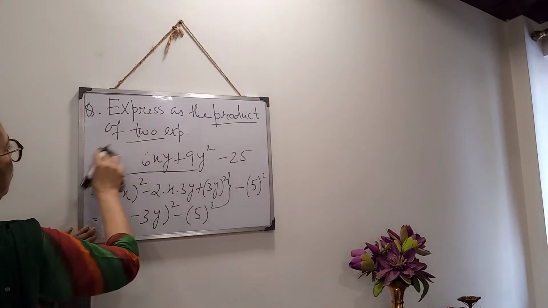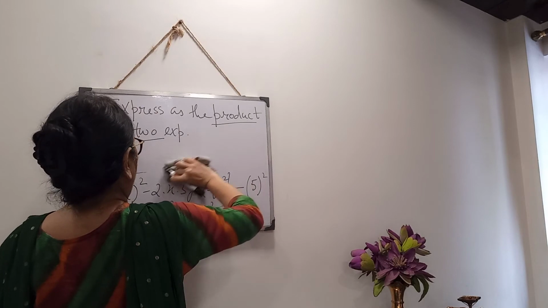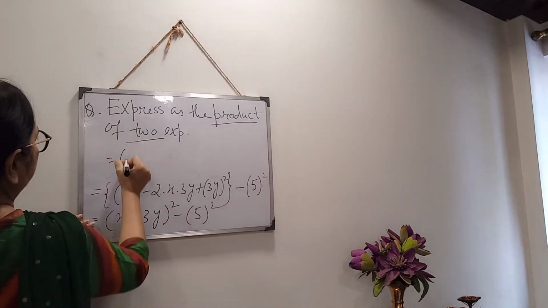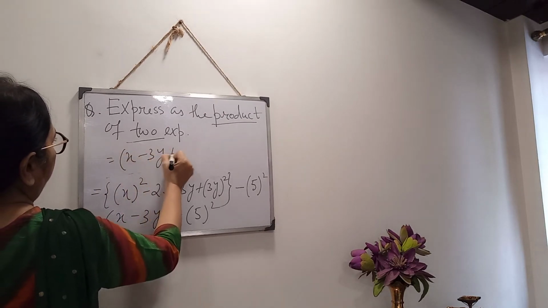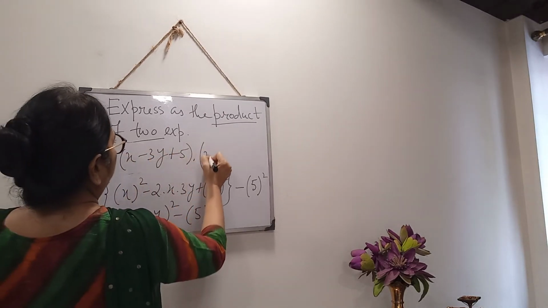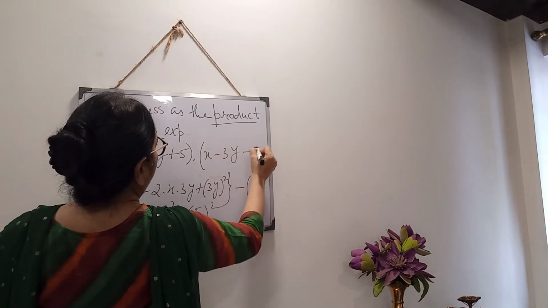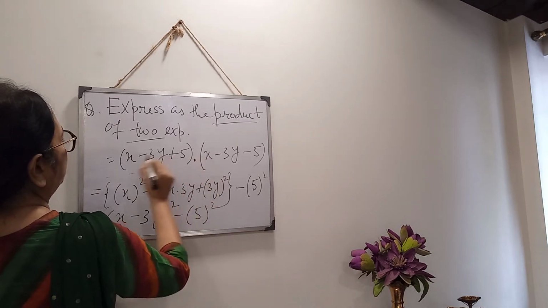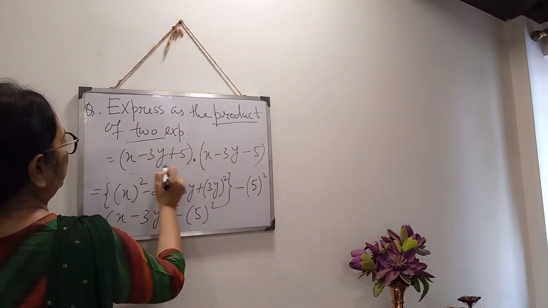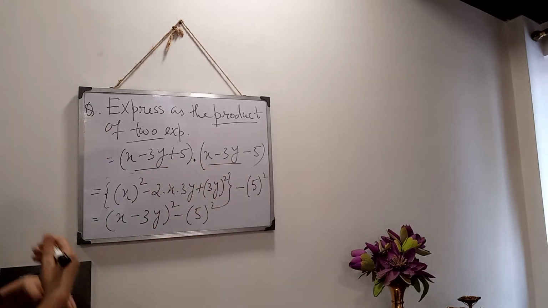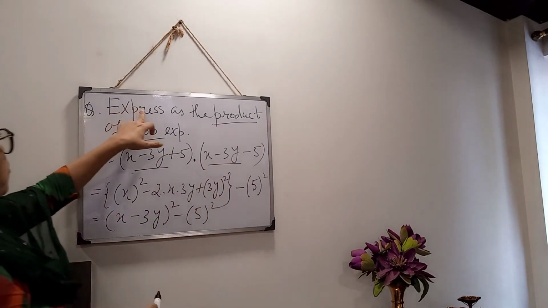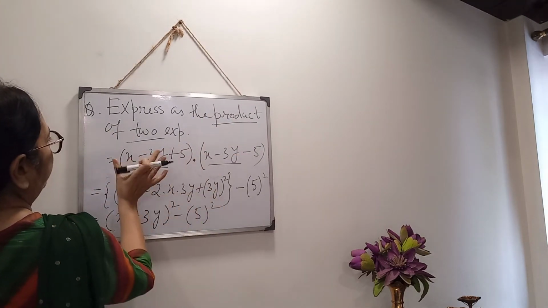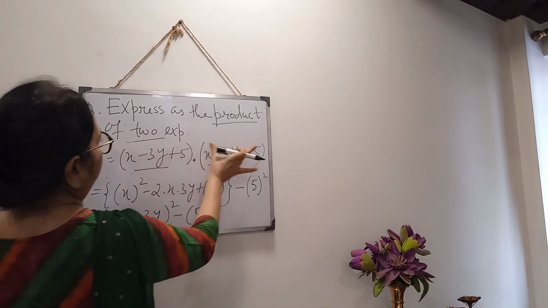So what to do? We'll apply the formula of a square minus b square, that is a plus b into a minus b. Now you see, we have got two expressions, and into that means this is the product of two expressions. Clear? Your sum was different and it was told that express as the product of two expressions. So here I have expressed this as the product of two expressions.